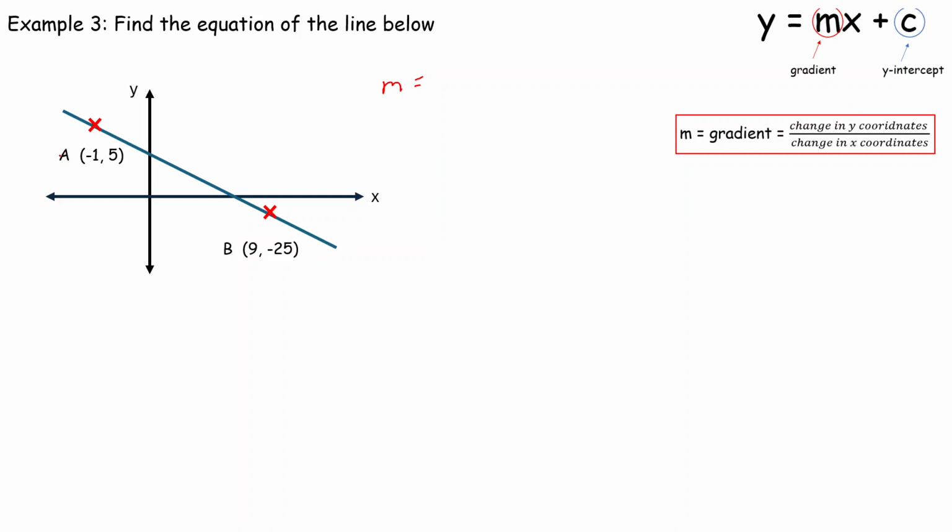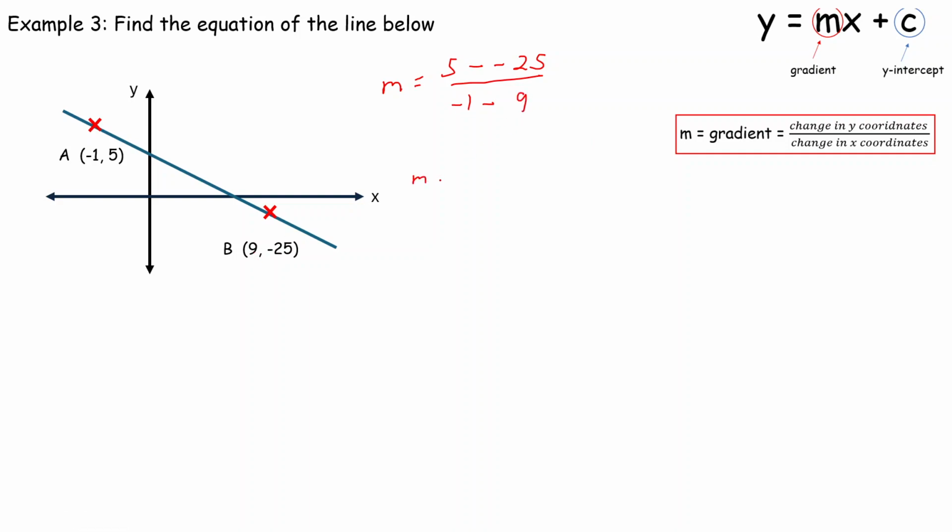I'm going to begin with A first and do, well, my y coordinate here is 5. So 5, take away my second y coordinate, which is negative 25, so minus 25, over, and because I started at A, I must go back to A again to do -1, my change in the x coordinates, take away 9.